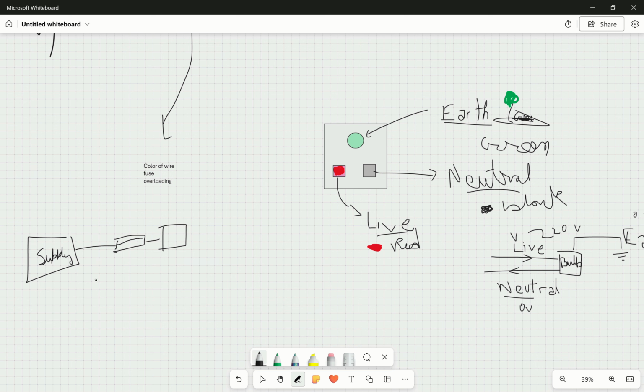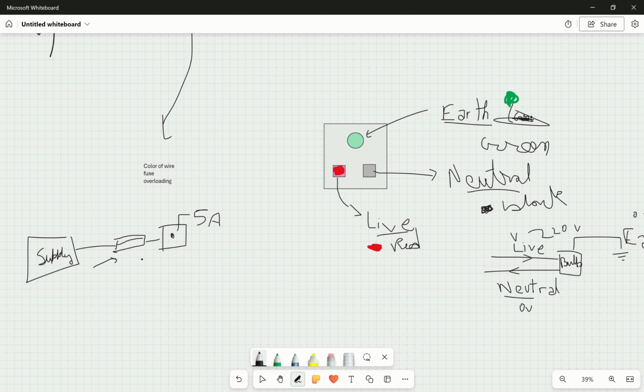Imagine if excess current is coming to your house, and your house has this bulb, and the rating of this bulb is that it can only handle 5 ampere. अगर इसको 5 ampere से ज़्यादा मिलेगा, then it will be short. Okay, it will overload and have a short circuit.